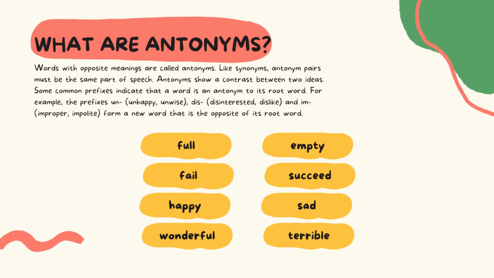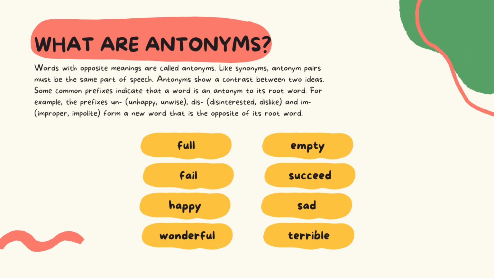Okay? So for example, in here the prefix is un, like in unhappy. The root is happy in this case. So unhappy is the opposite of happy, like unwise. The root is wise, and the prefix un makes it the opposite.